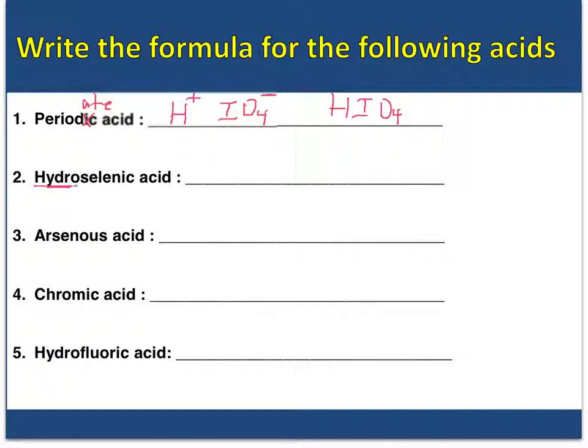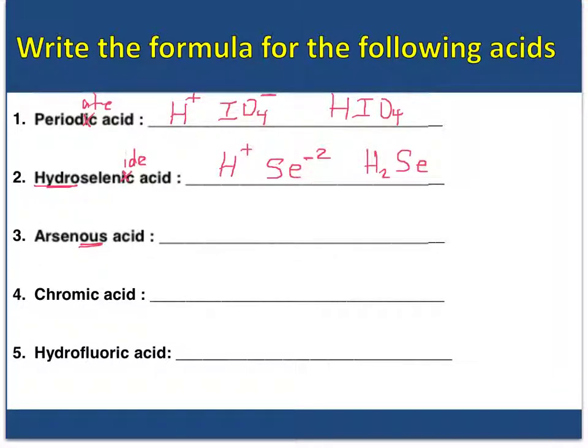Second one, hydroselenic acid. We have hydro, so that tells us it's binary. And if we drop off the ic, then we're going to put back ide: selenide, from the element selenium, Se minus 2. So that's H2Se. Arsenous acid, and that is a polyatomic acid because we have no hydro. Take off the ous, add back ite.